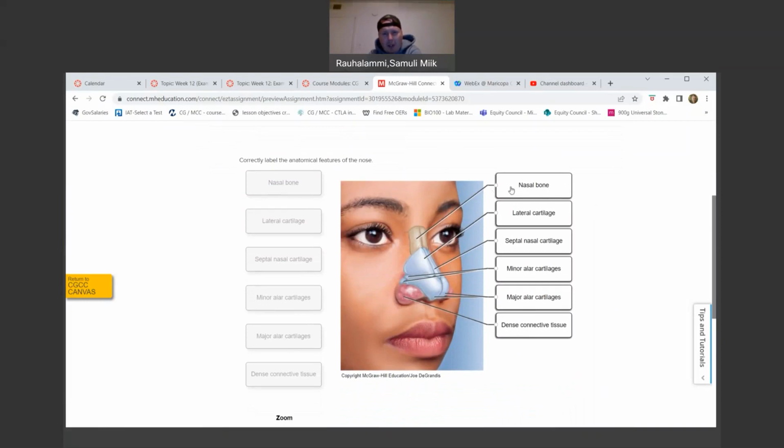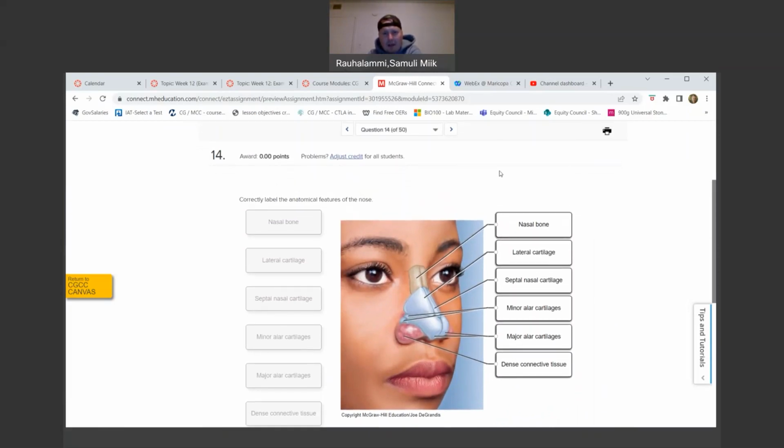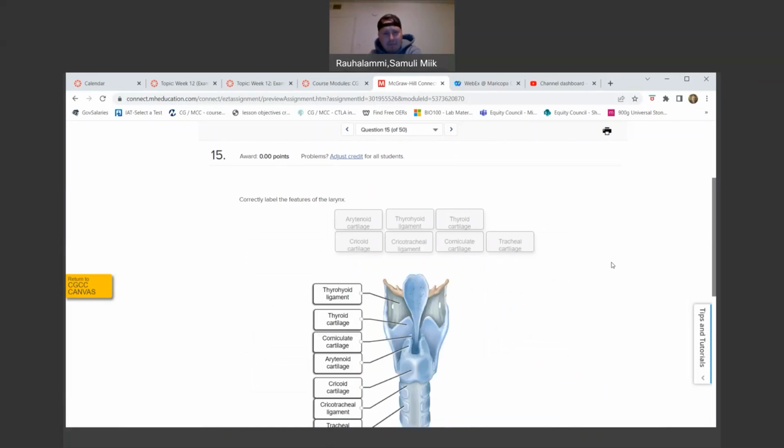Notice the only bone that we see there, the nasal bone; the rest are cartilages. We see our lateral cartilages on the sides, and then we can see multiple other cartilages that contribute to the nose. If someone gets a nose job and there's a lot of things that have been going on, we might need additional cartilage that we can harvest from other parts of the body.